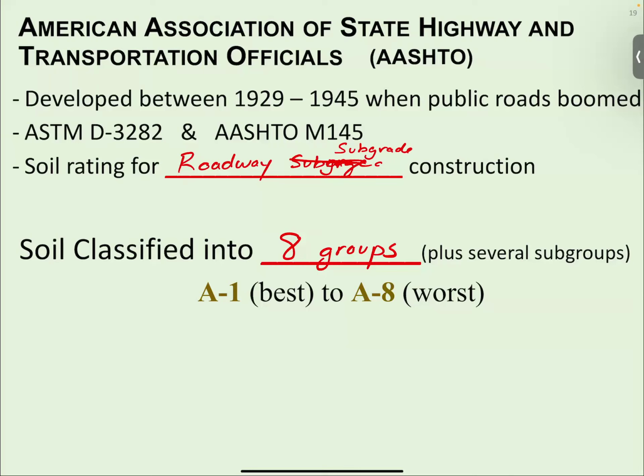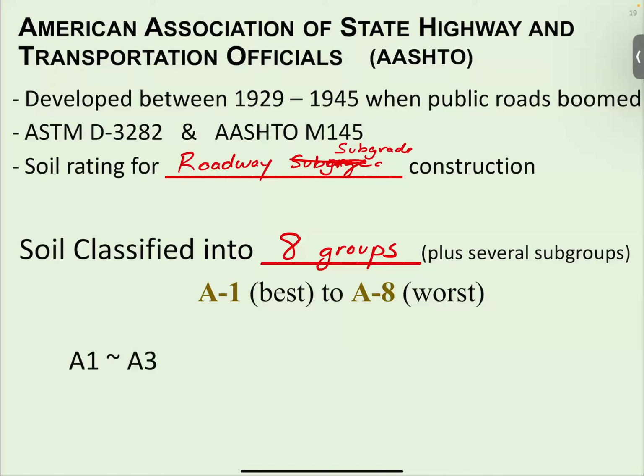A1 would be the best soil for subgrade. If you're a landowner and you have A1 soil on your site, you're rolling in it because you can sell your soil to the government for good money. But if A8 soil is encountered, then basically we don't want that stuff.